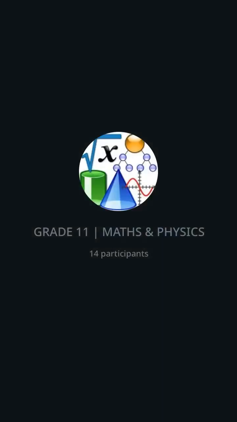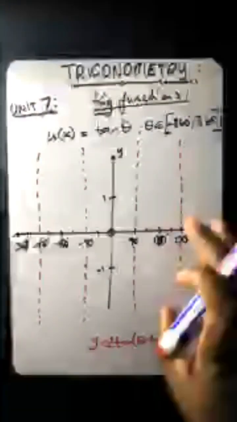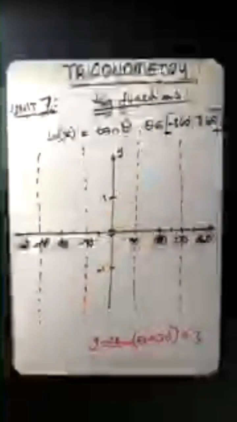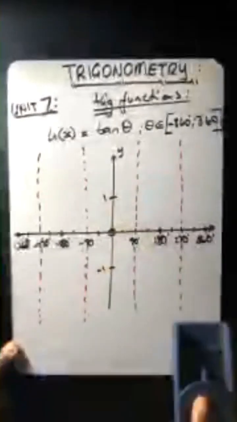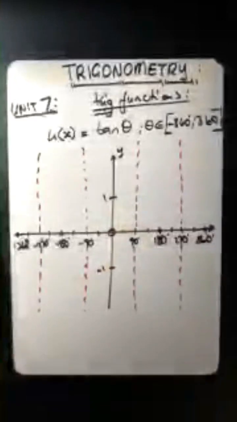Sometimes they can still say angle plus 30 degrees there, and they still say plus 2. It gets worse. So imagine you having to plot that, but you struggle with the basics. It's going to be difficult. That is why you can't afford to miss any of my upcoming lessons.